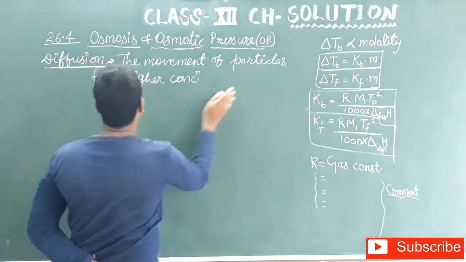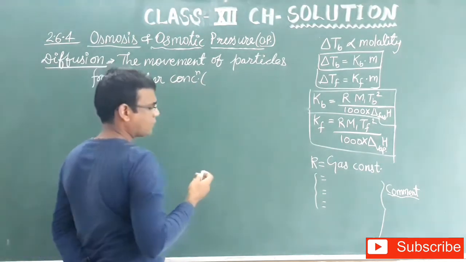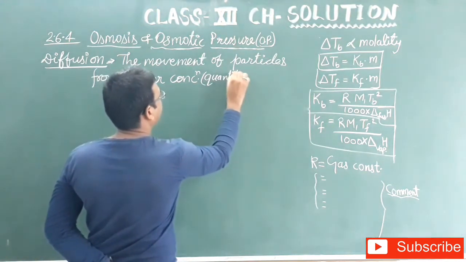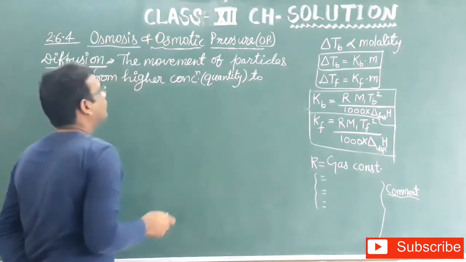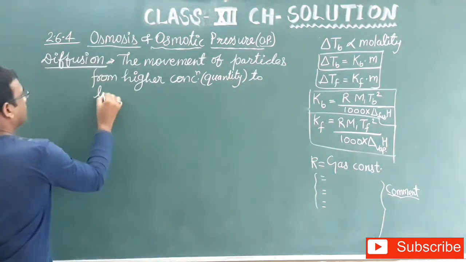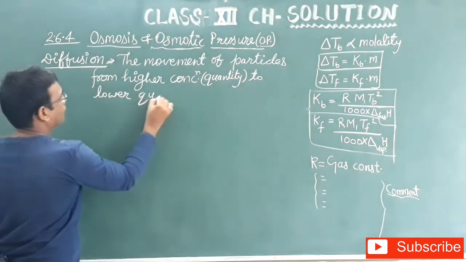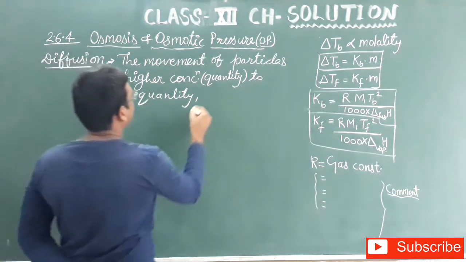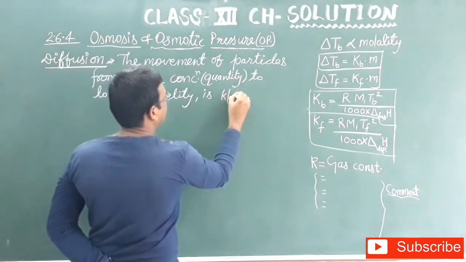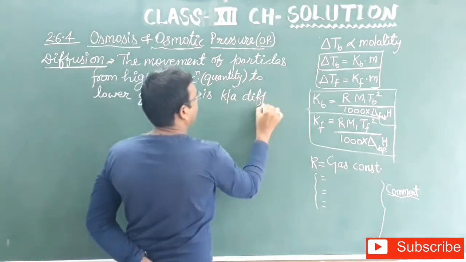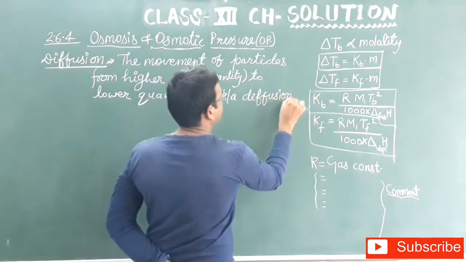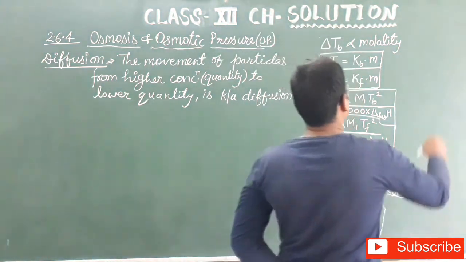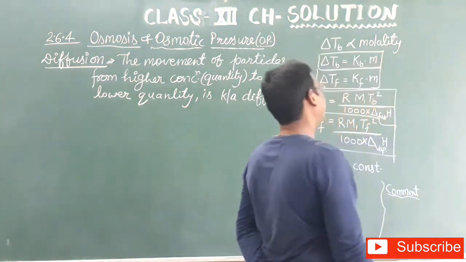So the movement of particles from higher concentration, if you are not getting concentration, then it is quantity, from higher quantity to lower quantity or concentration, lower quantity or lower concentration, that is known as diffusion. This is the definition, okay, which you have to learn.